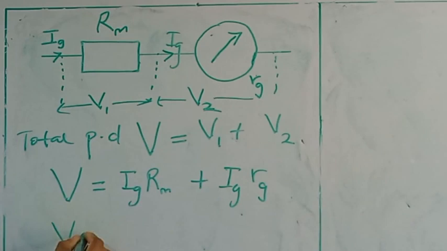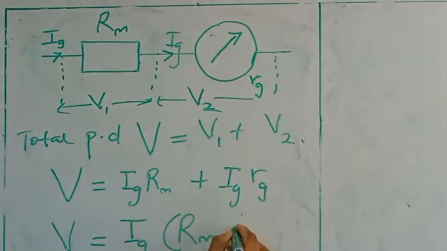So V is equal to, let's factor out IG, so that we'll have the multiplier resistance plus the resistance of the galvanometer.